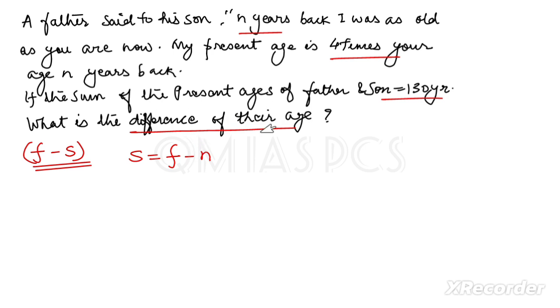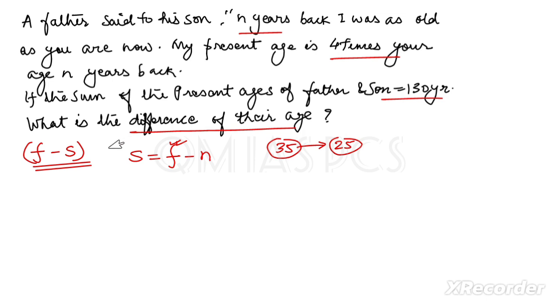For example, let's say the father's age is 35. Just an example. He is saying 10 years before, what will be the age of the father? 10 years before, the age of the father will be 25. So the father is talking about 10 years before, whatever your present age is.